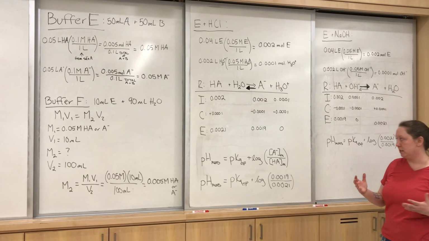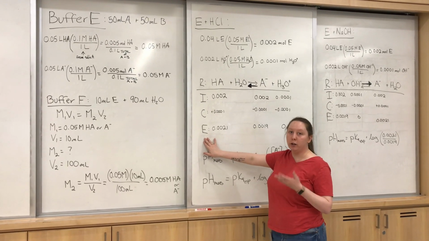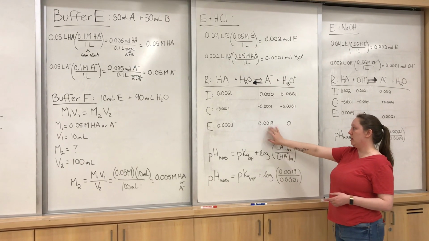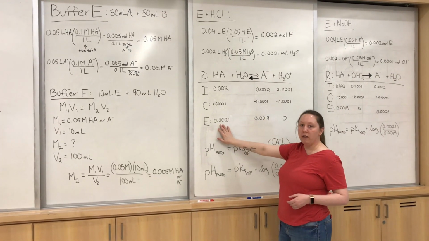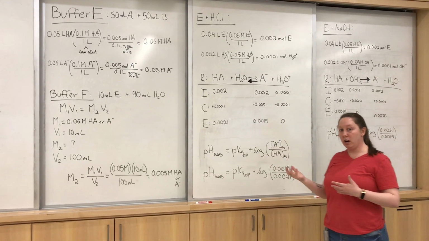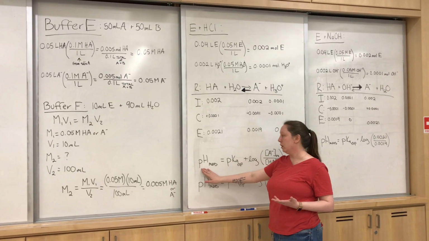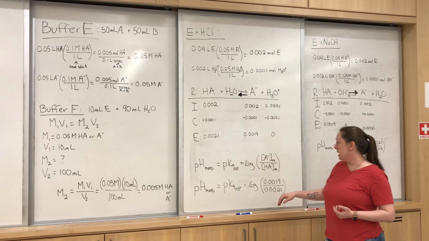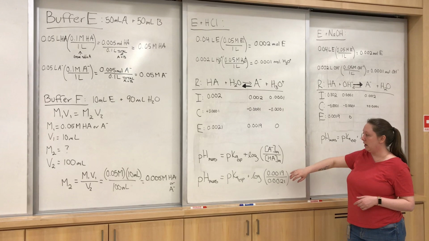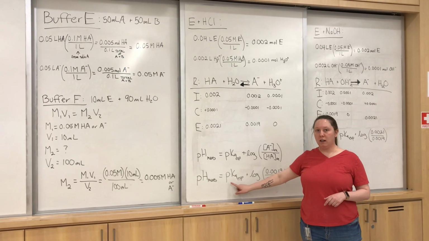Well, now what do we do with this information? What this means is that at our new equilibrium, we have this amount of conjugate base and this amount of our weak acid. So if we were to measure the pH of this new equilibrium, we can put these values in that Henderson-Hasselbalch equation, and we can solve for the pKa of this experiment.